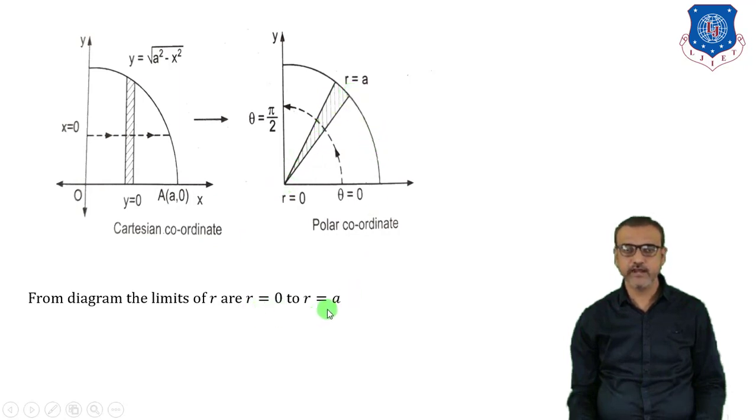Hence r will vary from 0 to a. And the limits of theta are theta equals 0 to theta equals pi by 2, as this portion of the curve lies in the first quadrant only. Hence theta will vary from 0 to pi by 2.